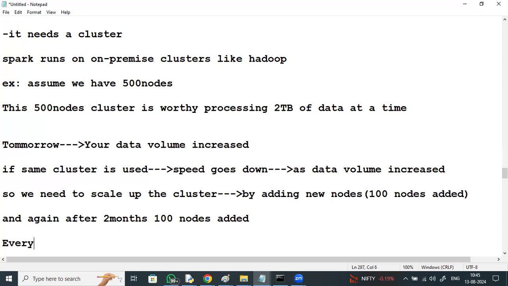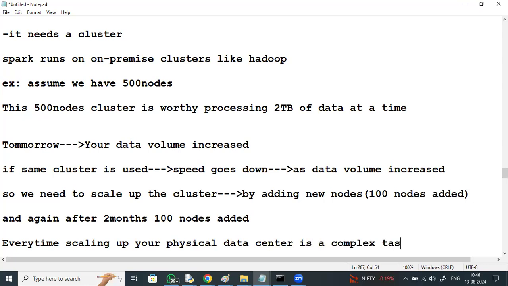Every time, observe, scaling up your physical data center is a complex task, right?